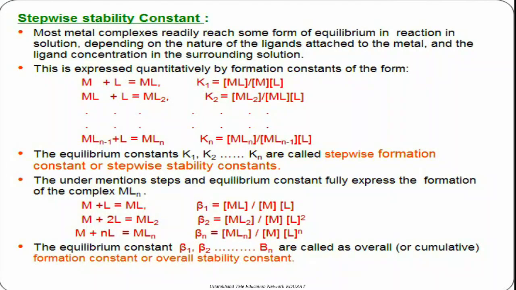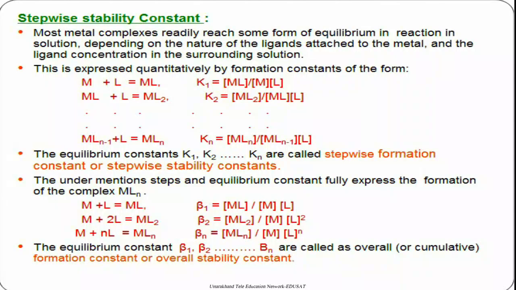This is expressed quantitatively by the formation constant of the form: metal ion plus ligand forms the metal ligand complex ML, where the constant K is the active mass of the complex ML divided by the active mass of the metal times the active mass of the ligand.